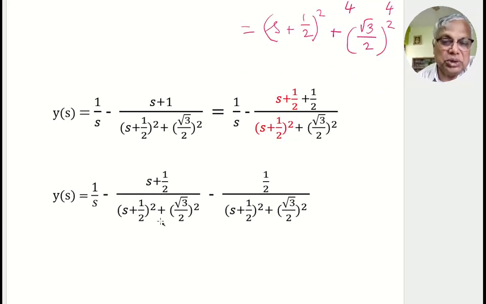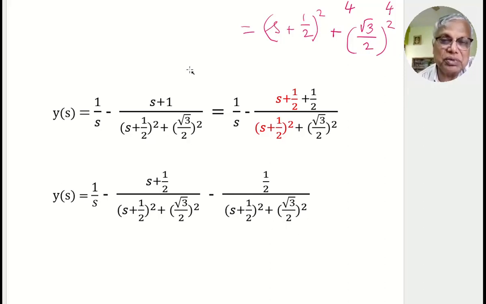Now, do you recall from my lecture part 1, Laplace transform part 1, table of transform? Do you recognize this? Do you remember this? What will be the inverse of this? This is something like k by S plus a whole square plus k square. So if you recall, there is a translation of transform rule.